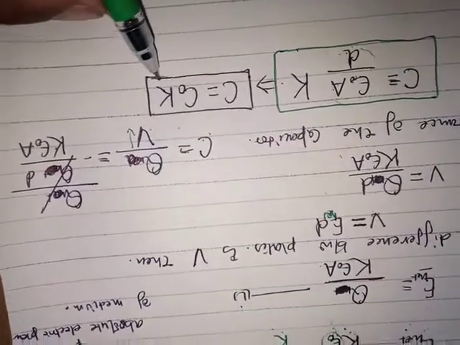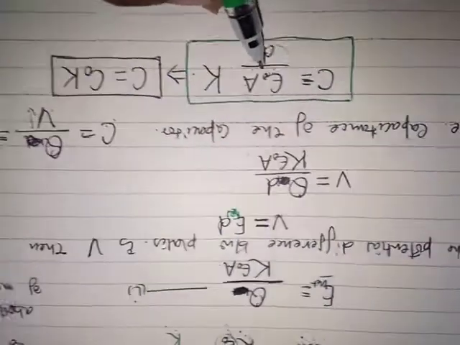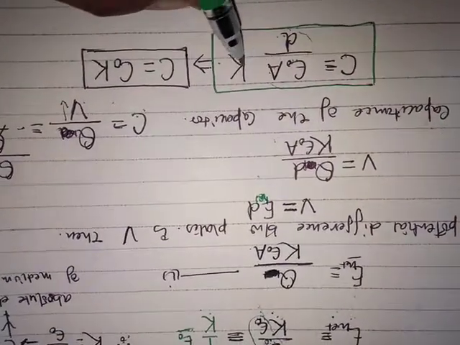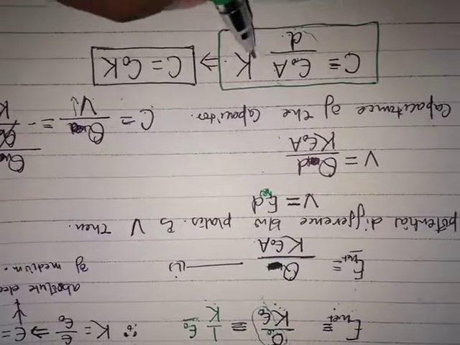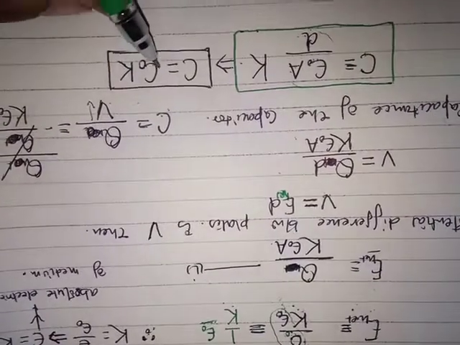यहाँ से हम एक चीज़ समझ गए हैं कि किसी भी मटेरियल के अंदर अगर आप डाइलेक्ट्रिक फील्ड करते हो तो उसका जो कैपेसिटेंस है वो K टाइम्स हो जाता है, इंक्रीज हो जाता है.